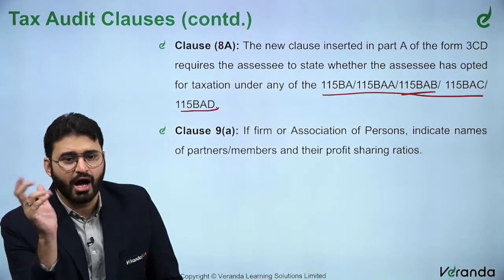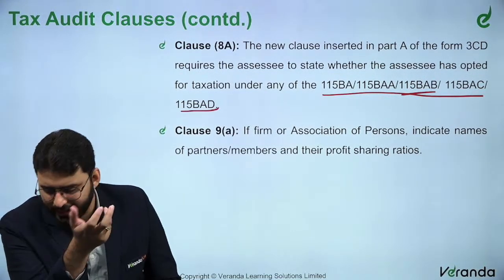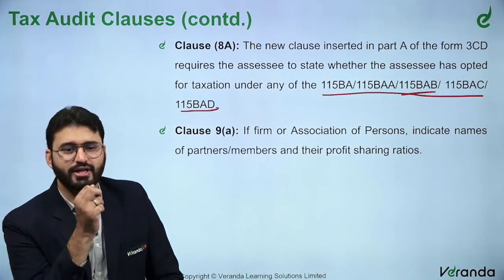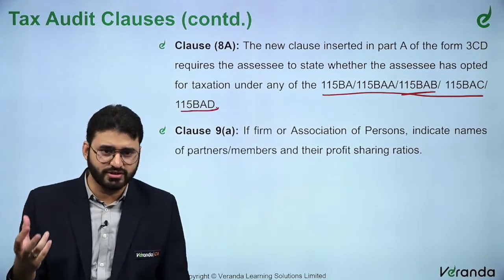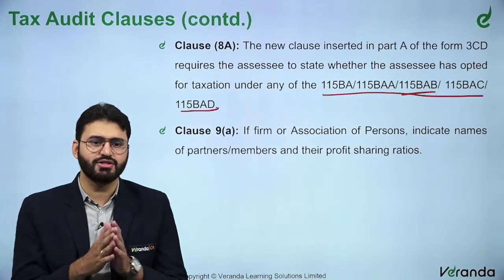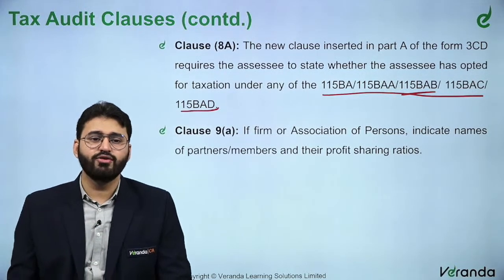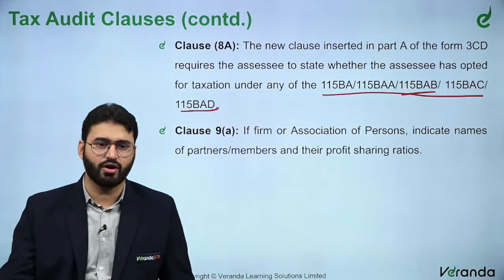However, they have to forego certain benefits like additional depreciation. So that is 115BAB. BAC is for individuals, the new tax regime, as they like to call it. So there are some special schemes available for corporates and for some individuals. If you are opting for these special schemes, then you have to mention it here, in clause 8A.